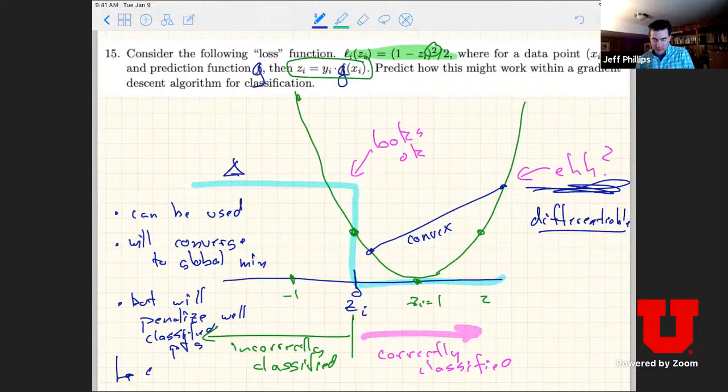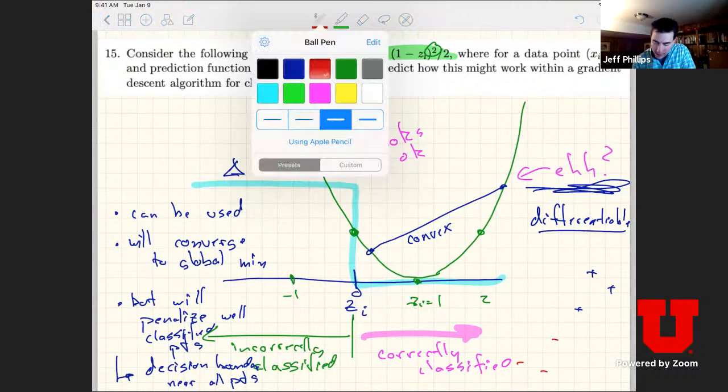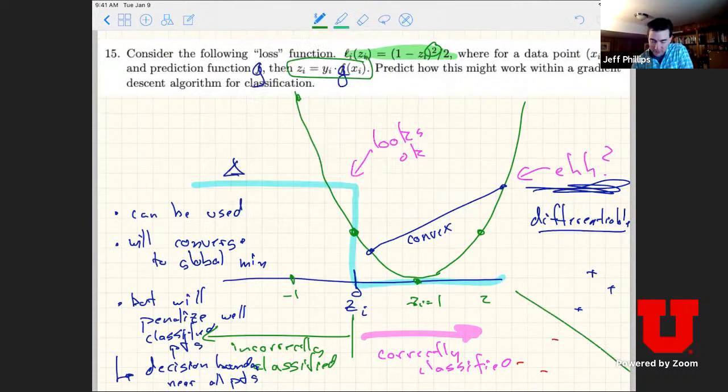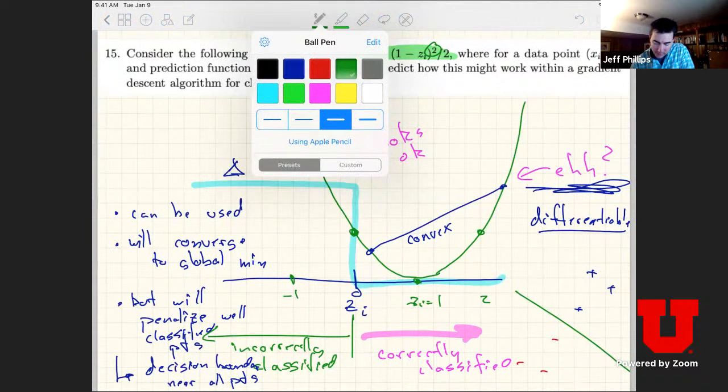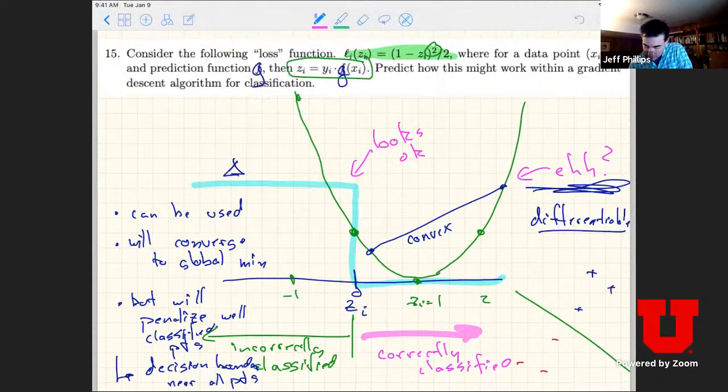It's going to have a decision boundary near all points. Probably what would happen is if I had some positive points up here and some negative points like this, the optimal classifier would look like this, but the one I would find would probably look something like this instead, right?